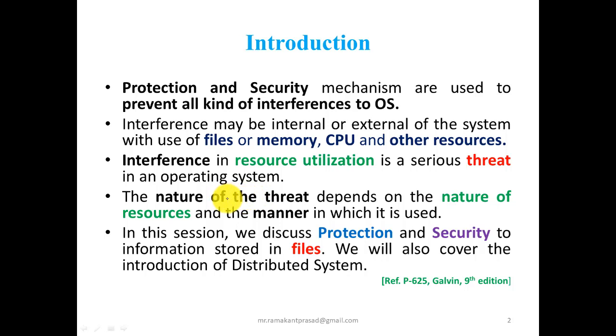Some resources are very important and some resources are least important. So we have to protect the most important resources first. We give priority to protect our resources and the manner in which they are used. In this session, we will discuss protection and security of information stored especially in files, and we will also cover the introduction of distributed system.